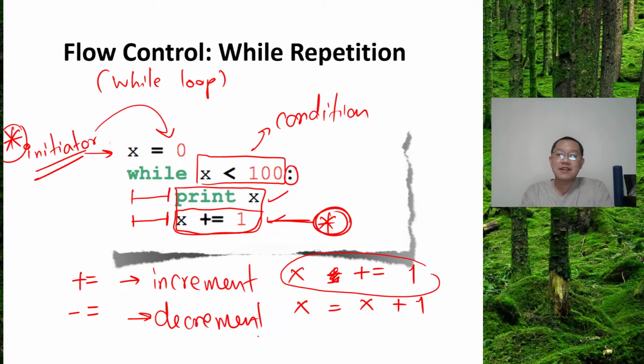I think these are all the lectures for this week, and the exercise that I will assign for you this week will be about the flow control. So take your time reading the content about the flow control, the if, the for, and the while, and I would like you to do exercises 3.1 and 3.2.